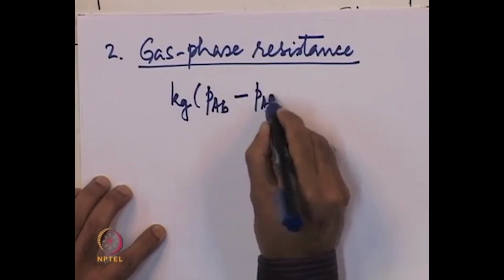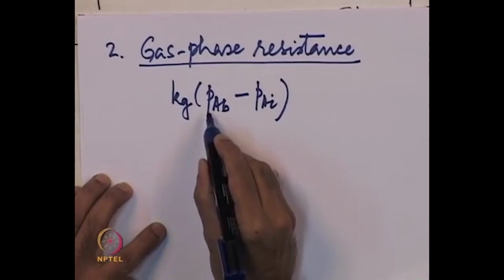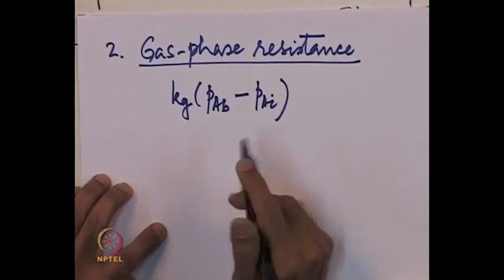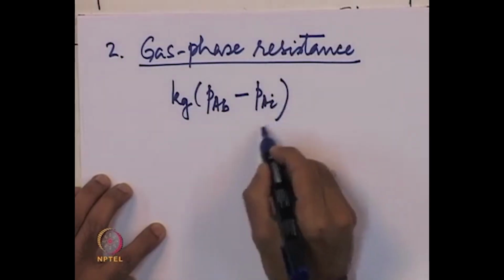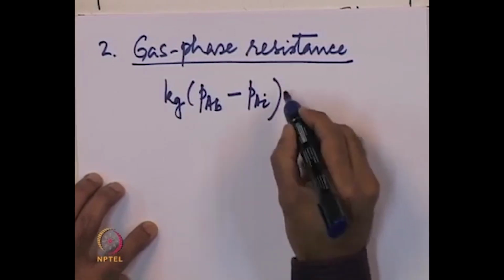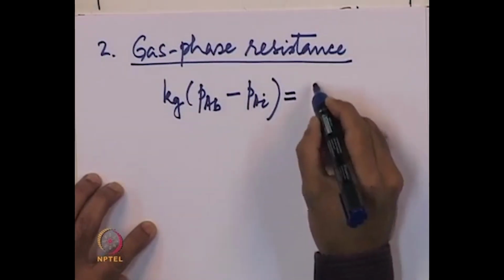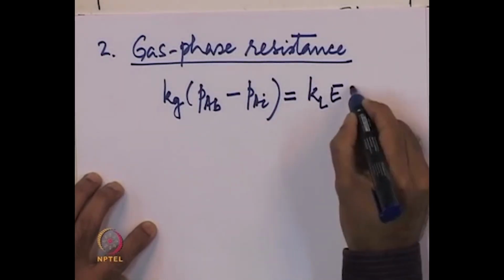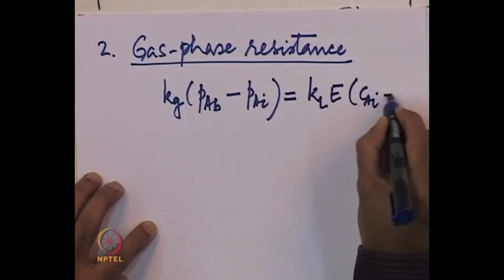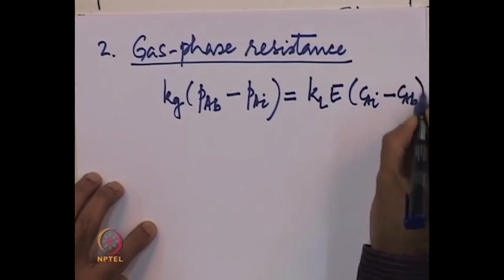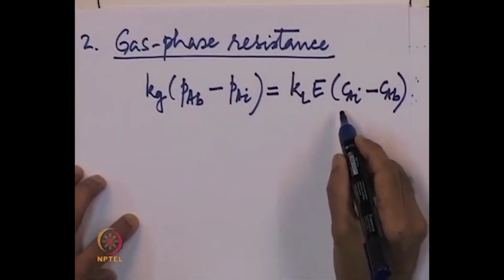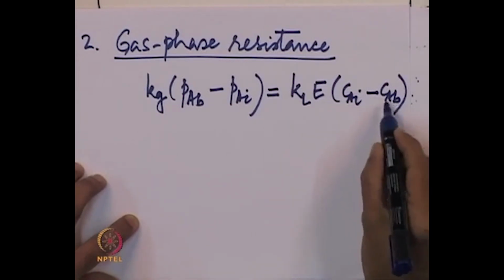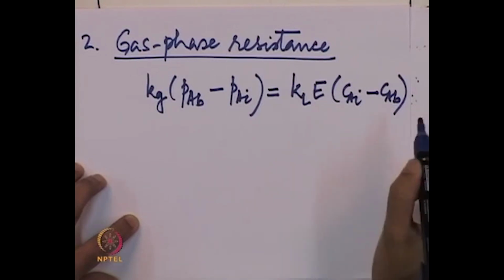If P stands for the partial pressure of A, and P_AB is the partial pressure of A in the bulk of the gas, that is in the interior of the bubble, if you like, and P_AI is the value of the partial pressure at the gas liquid interface, then this would be equal to the rate at which the gas is taken away, and that is k_L into (C_AI minus C_AB), where C_AI is the concentration of A in the liquid at the gas liquid interface, and C_AB is the concentration of A in the bulk.